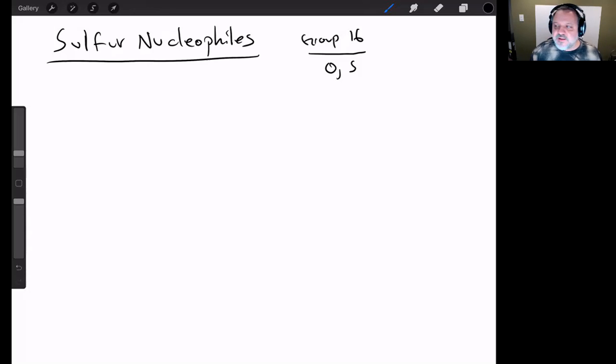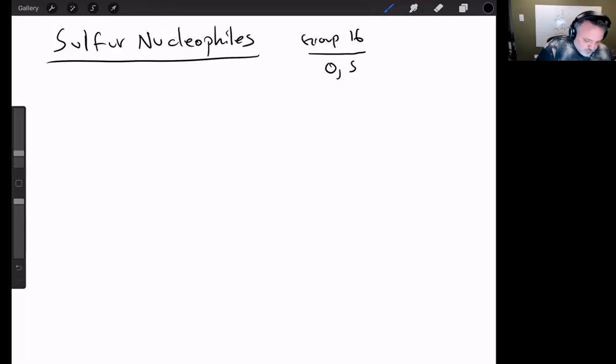So for the next couple of reactions, what I'm talking about is not just analogous to the chemistry for oxygen, it's going to be exactly the same, where all you're doing is replacing the oxygen with a sulfur. Everything else is exactly the same. You're literally just replacing the oxygen atom with a sulfur atom.